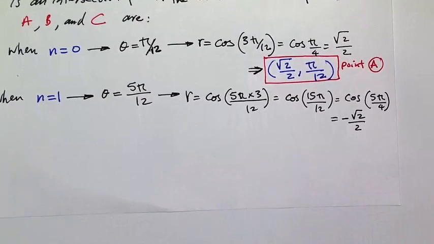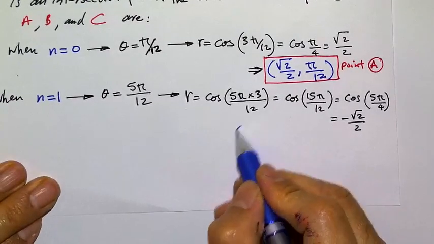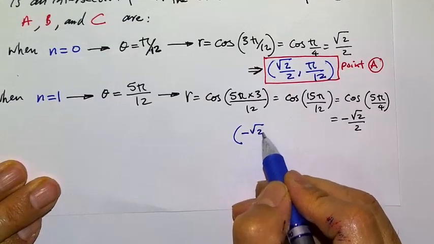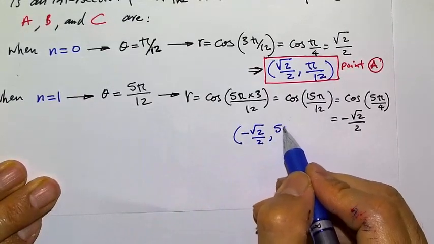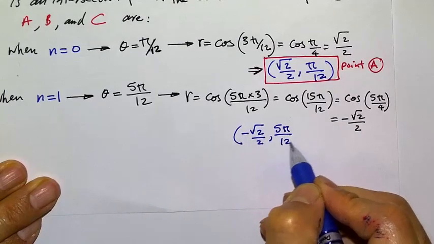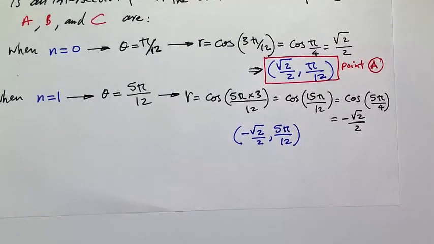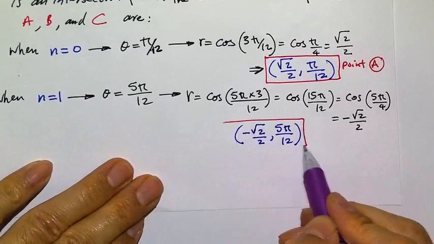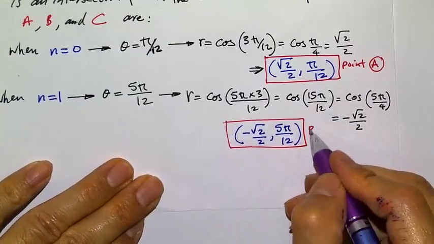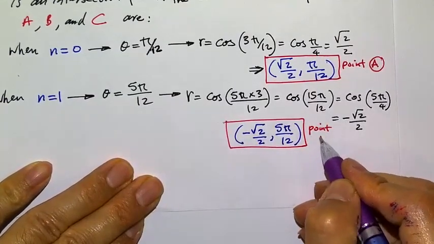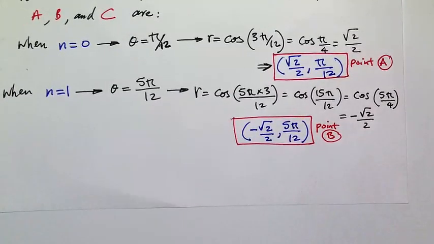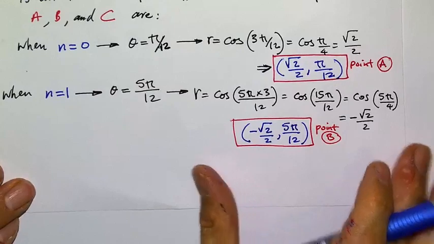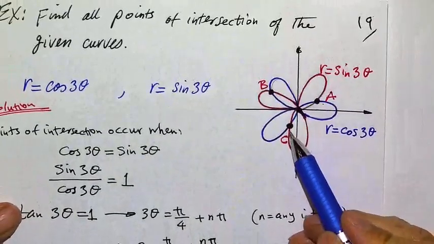So let me write that down. So we have negative square root of 2 over 2, and at this angle, 5 pi over 12. And this is our point B, coordinates of point B.